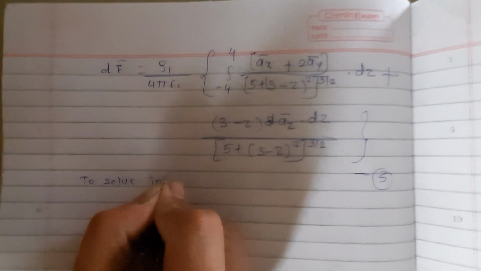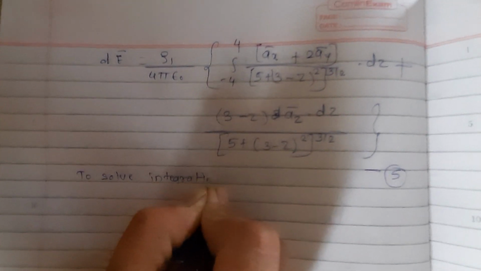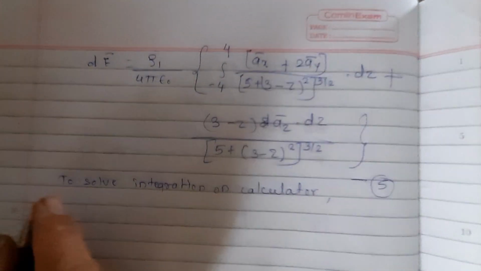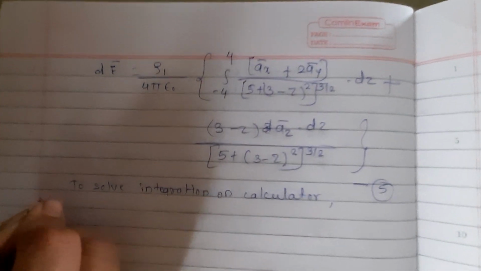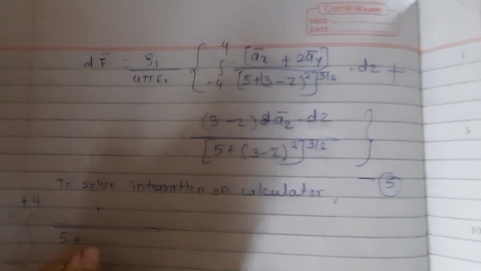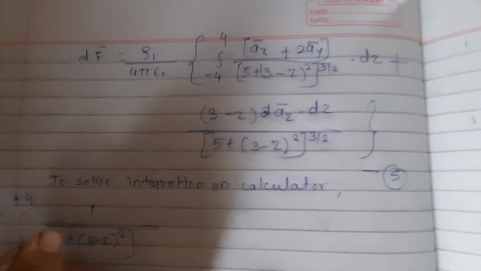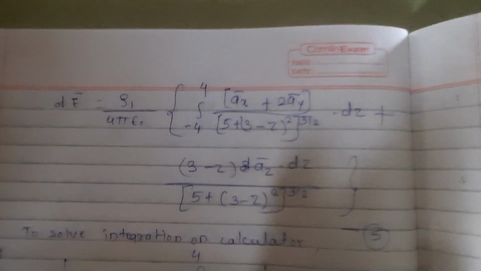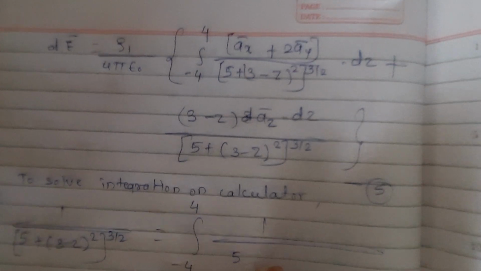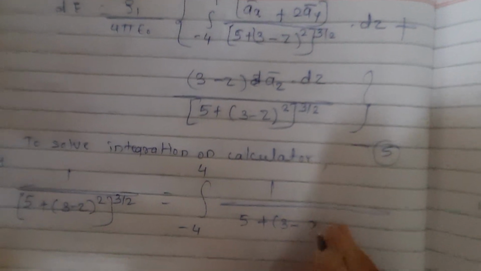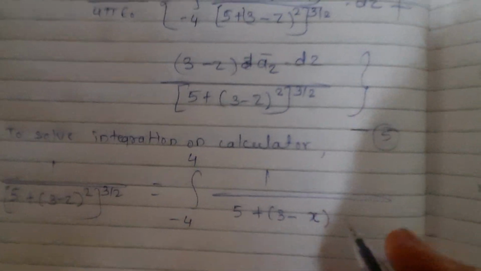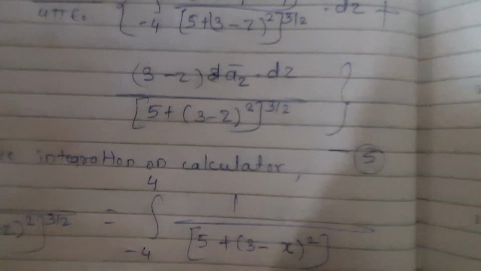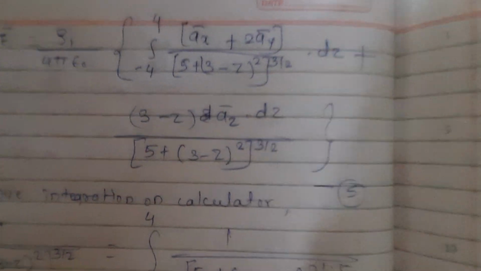To solve integration on calculator, it is minus 4 to plus 4, 1 divided by (5 plus (3 minus z) square) is equal to minus 4 to plus 4, 1 divided by (5 plus (3 minus x) square) raised to 1.5, that is 3 by 2.